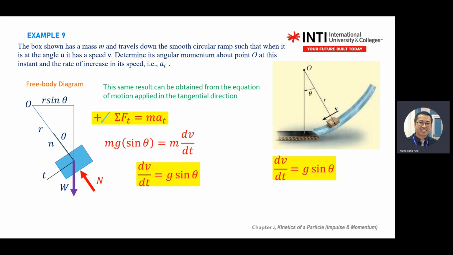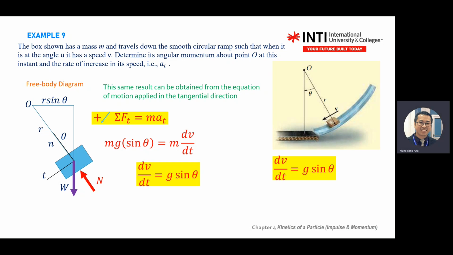Move this one: T1 plus integral of F ds equal to T2. This is the first one. This is all the force, meaning all the force inside a free body diagram will give you work. Just take note of this.